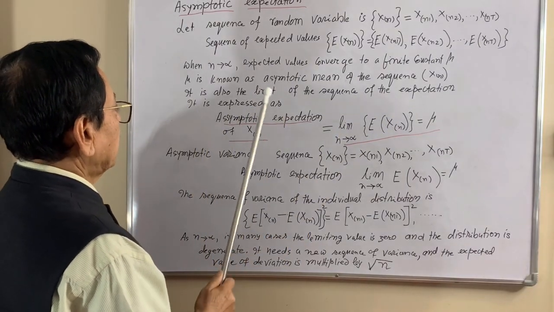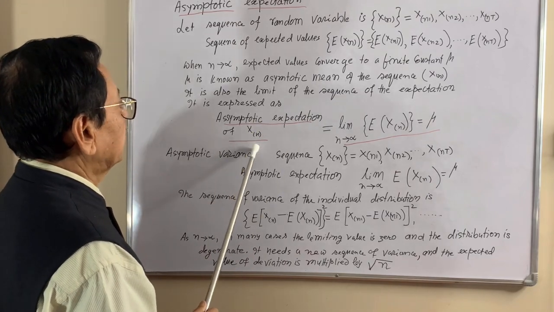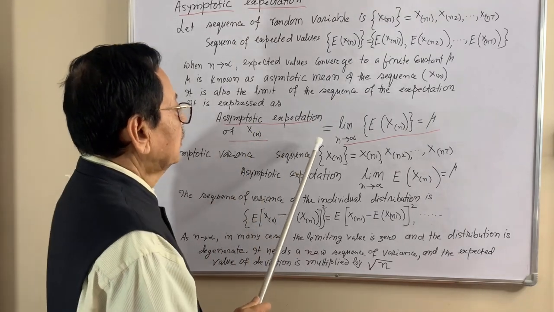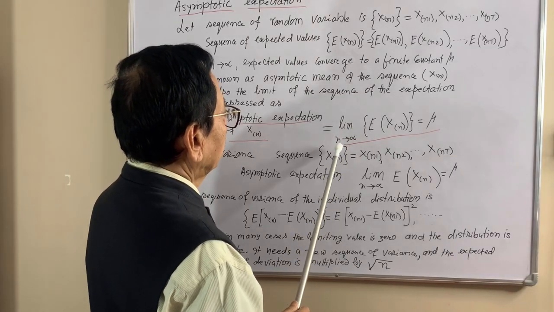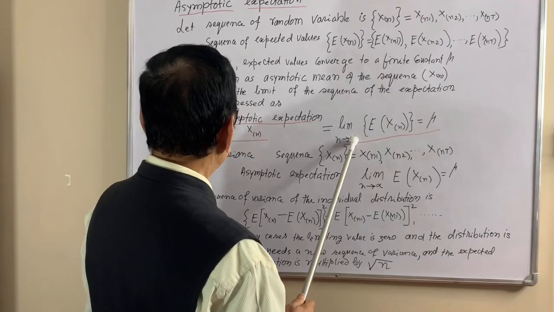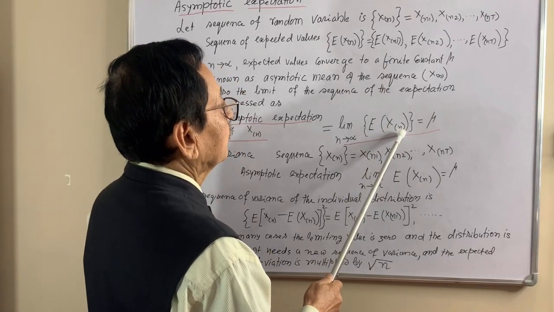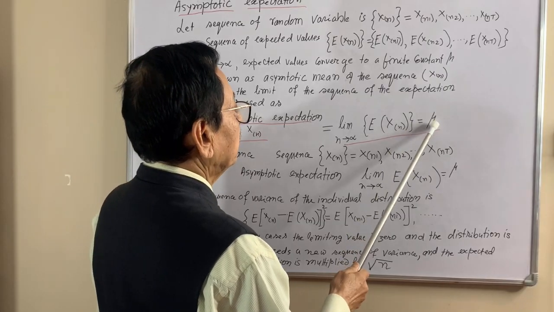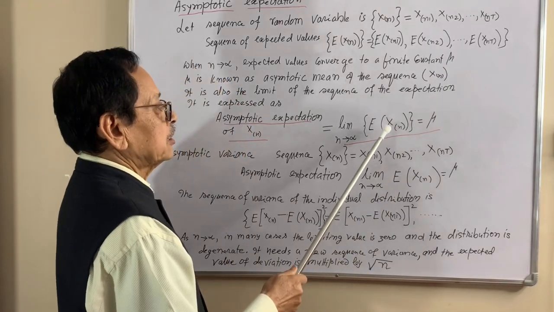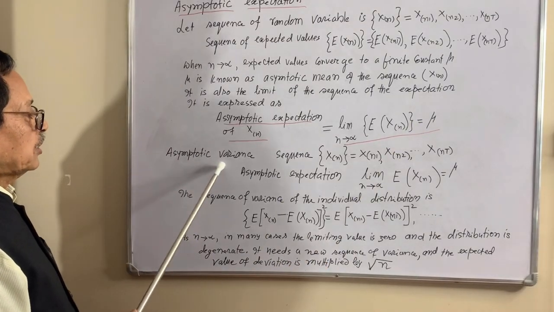How is the asymptotic expectation of xn expressed? It is the limit as n tends to infinity of expected xn, equal to mu. Now asymptotic variance.